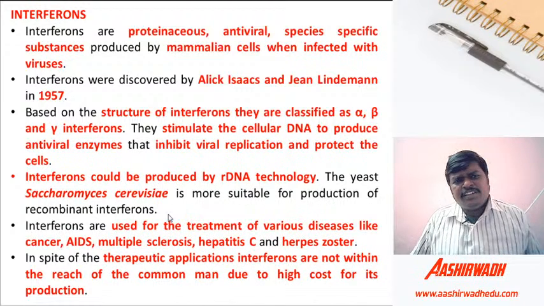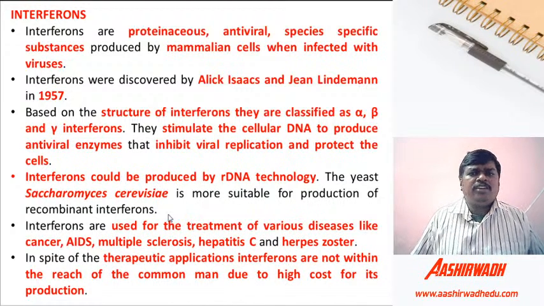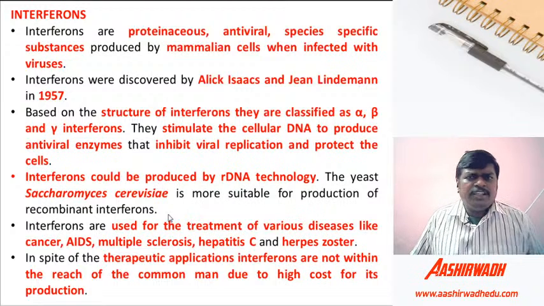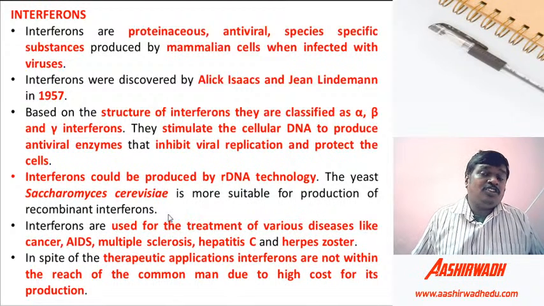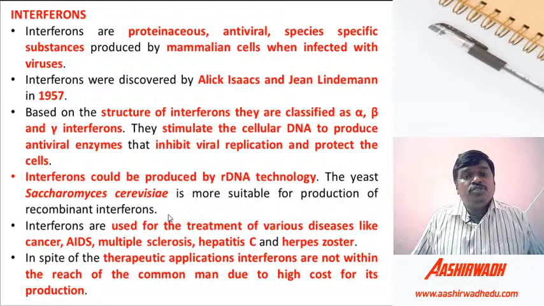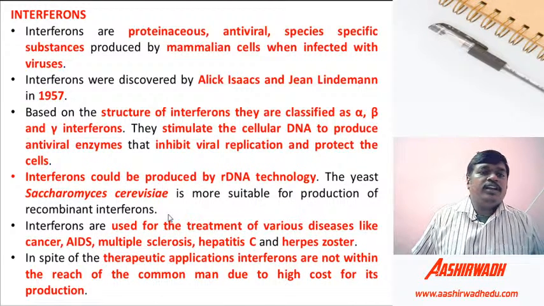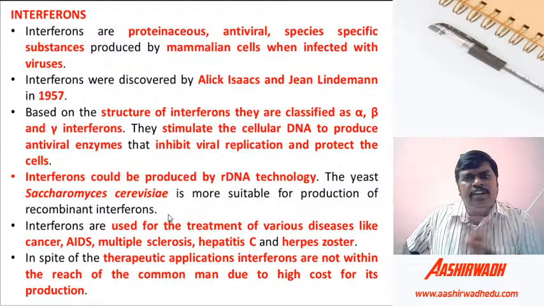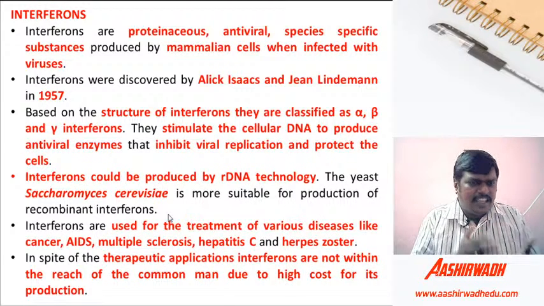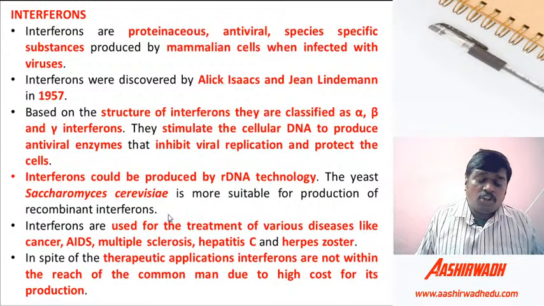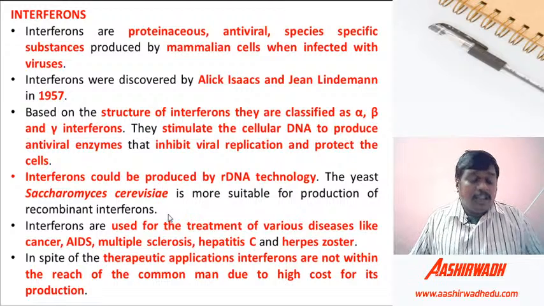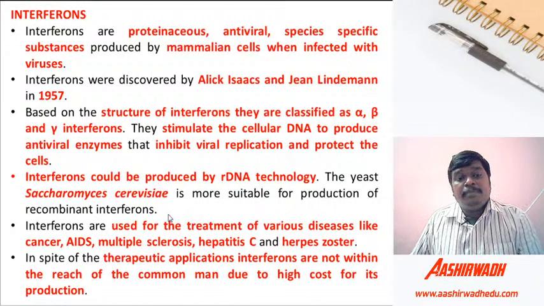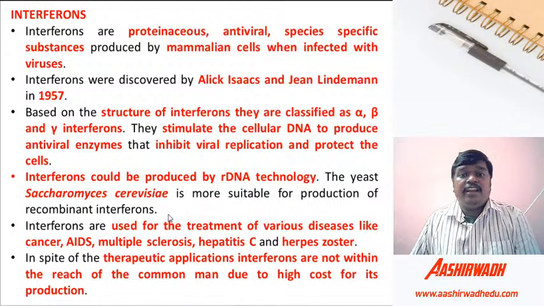These interferons can also be produced by recombinant DNA technology, using the yeast Saccharomyces cerevisiae. Recombinant interferons can be used to treat viral diseases like cancer caused by oncogenic viruses, AIDS, multiple sclerosis, hepatitis C, and herpes zoster.